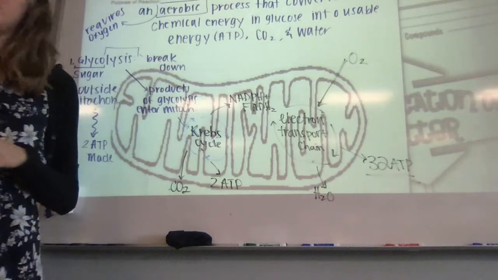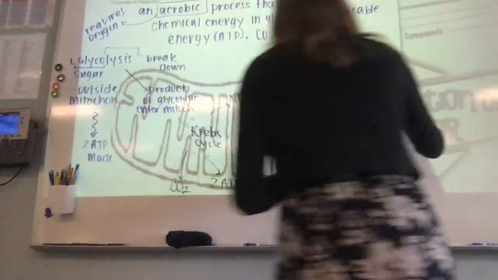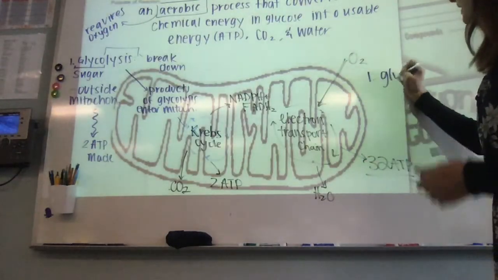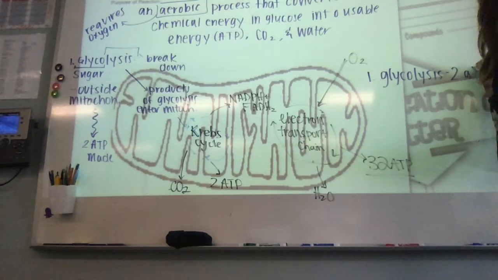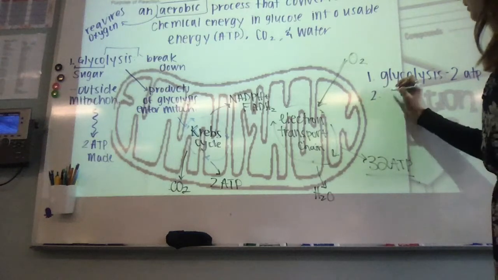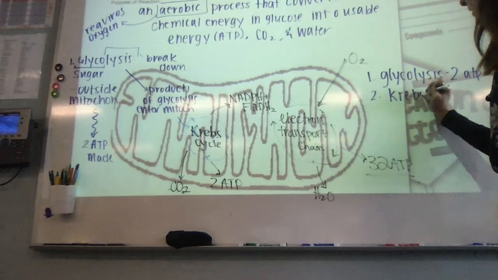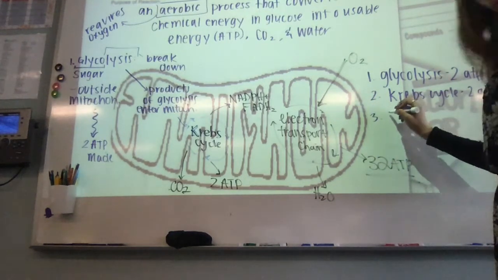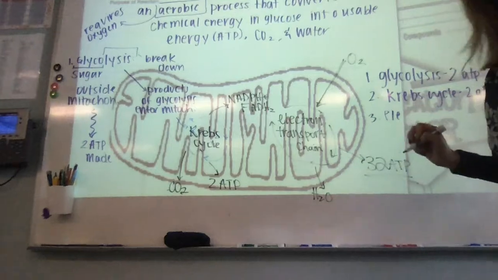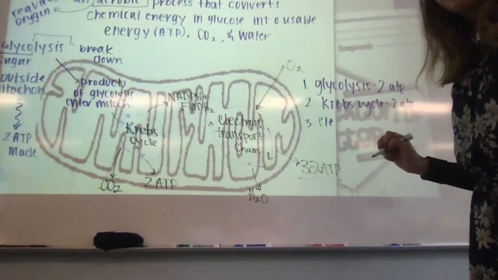Okay. So overall, our steps of cellular respiration are glycolysis, which gives off 2 ATP, the Krebs cycle, 2 more ATP, and then the electron transport chain. Oh, sorry, you can't see what I'm writing. Wrong way.